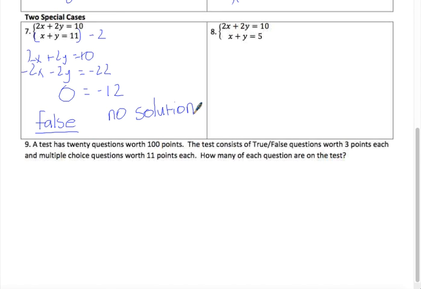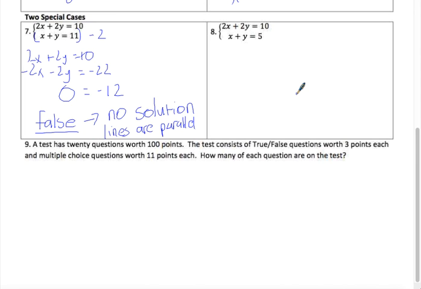So it's just like the second example we looked at. If we graph these two lines, these are parallel lines. And so anytime you reach a false statement, that means you have no solution.